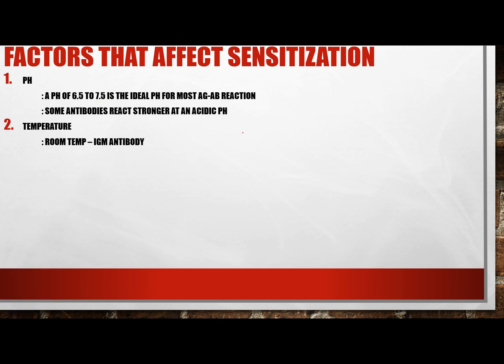Then temperature, class. In temperature, I want you to remember two types of temperature when it comes to immunoserology and immunohematology. We have the so-called room temp and the so-called 37 degrees centigrade. When we say 37 degrees centigrade, we're talking about body temperature. And for different types of antibodies, to give you an idea, class, there are five types of antibodies.